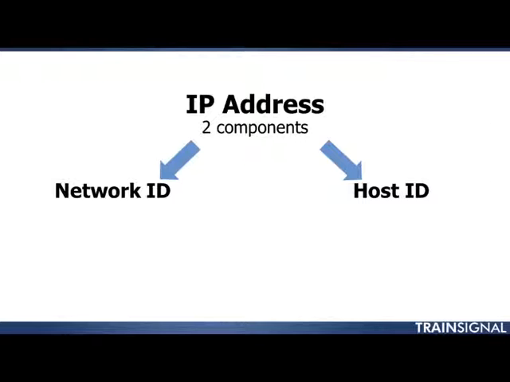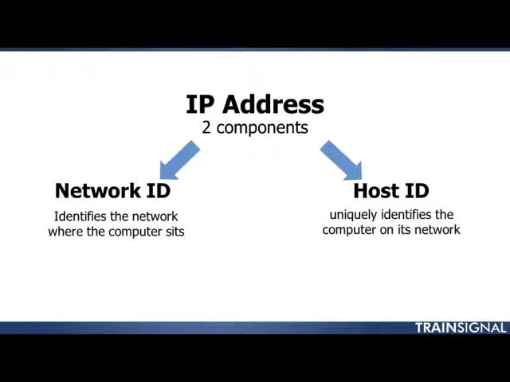Now, the network ID is responsible for identifying what network the computer is on. It is just what it sounds like. And the host ID uniquely identifies the computer within that network. So the network ID puts it on a certain network, and the host ID makes it unique within that network.